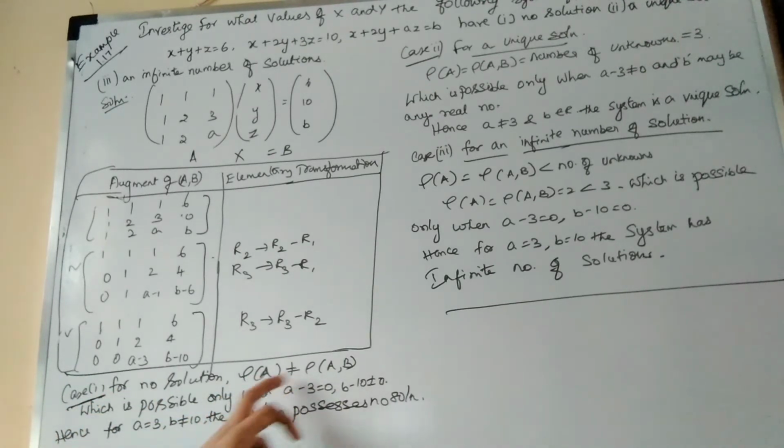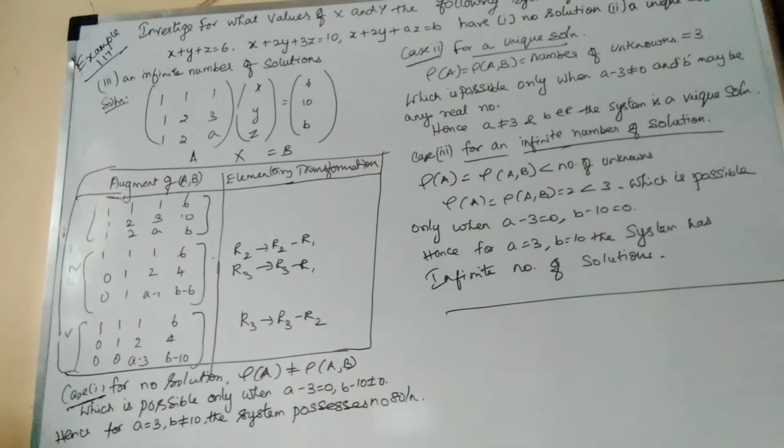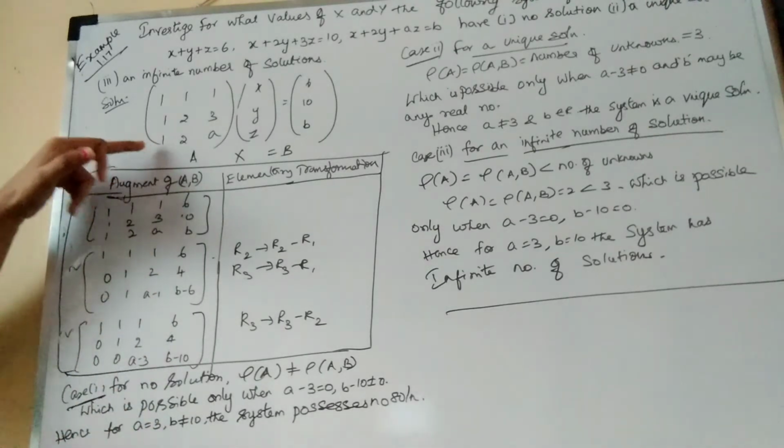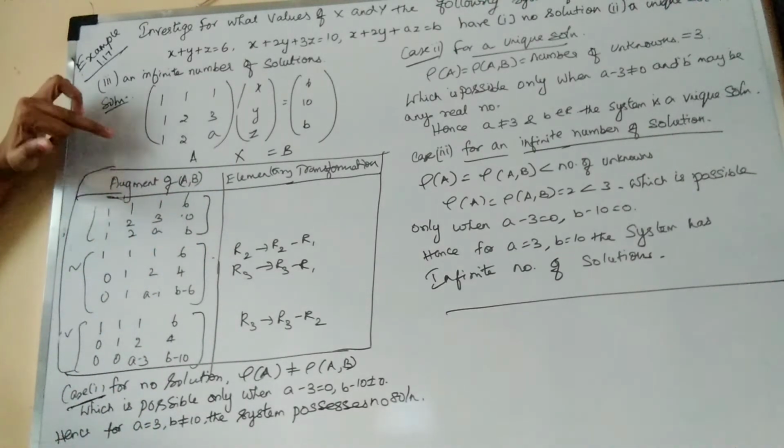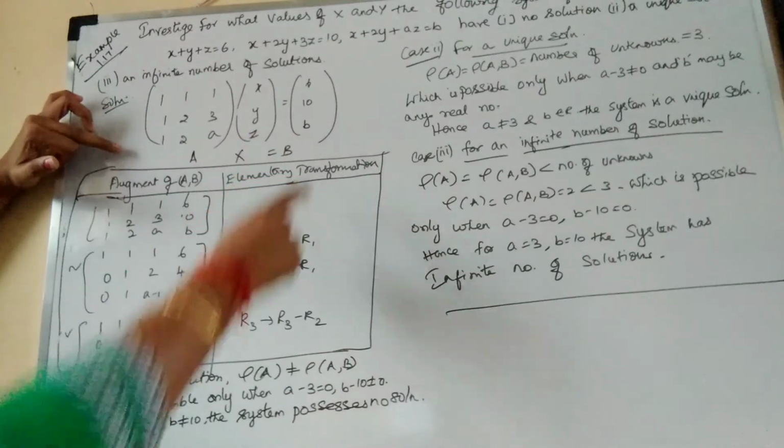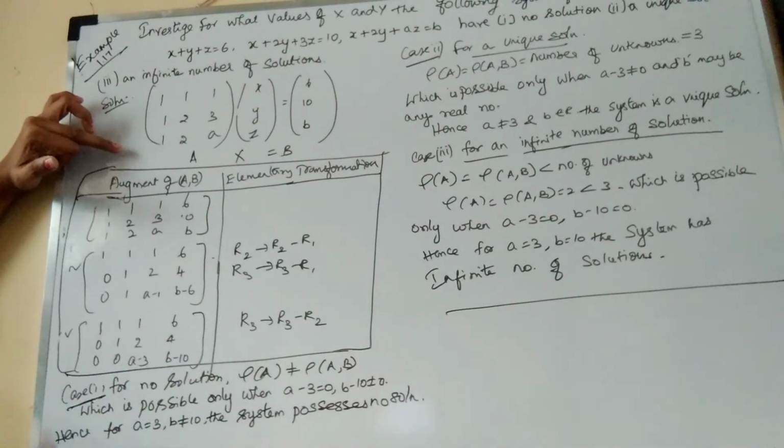Suppose A is a 3 by 3 matrix, the rank is 3, and AB's rank will be lesser or greater than that.